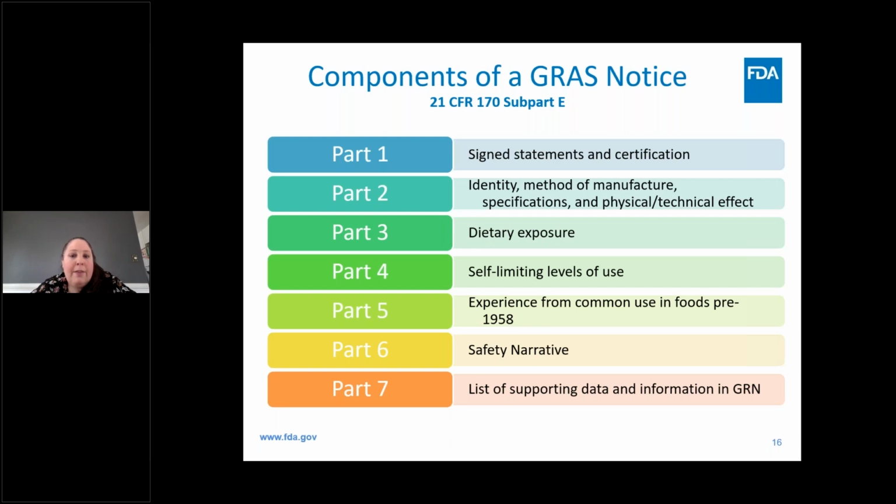They'll tell us which path they're using, either common use before 1958 or through scientific procedures. And then they'll offer a safety narrative with generally available and accepted data that helps support their conclusion that their food ingredient is safe.